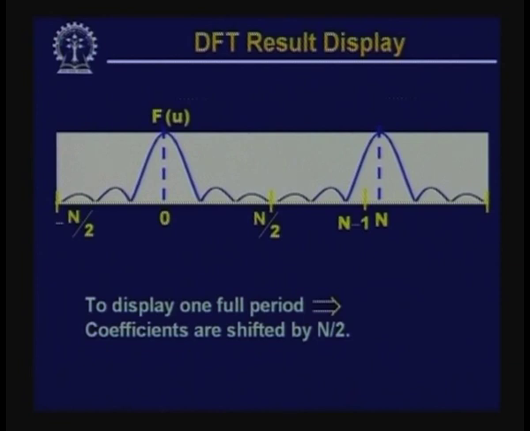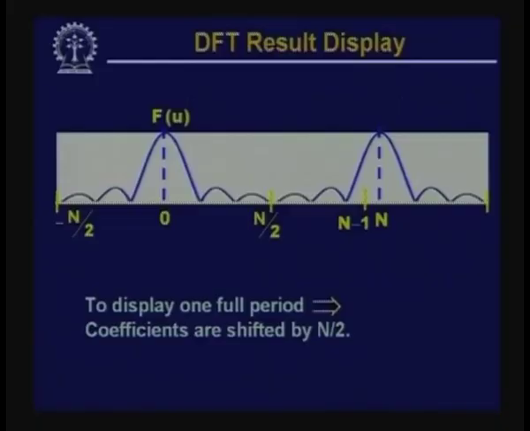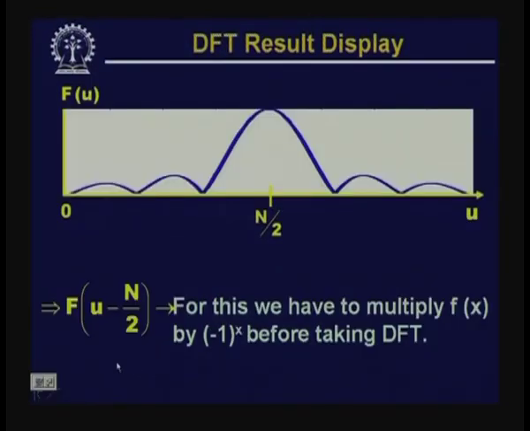So, to display this Fourier transformation coefficients in the proper manner, we have to displace the origin by a value capital N by 2. By displacement, we get this. Here, in this particular case, the origin has been shifted to capital N by 2.